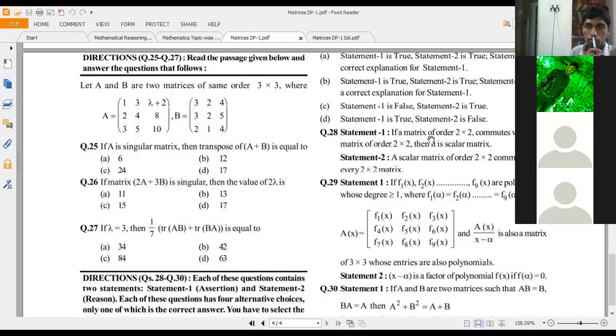Statement 2: A scalar matrix of order 2 by 2 commutes with every 2 by 2 matrix.